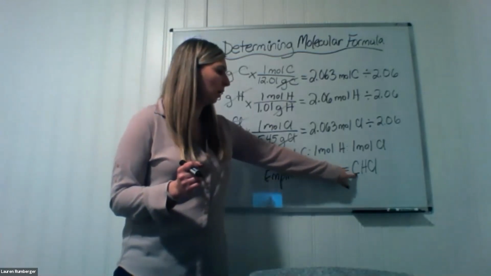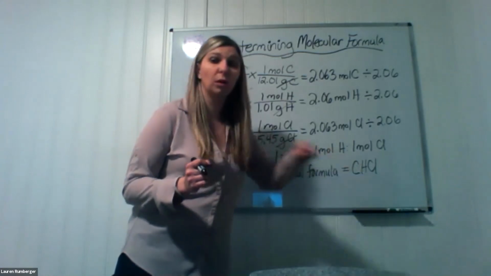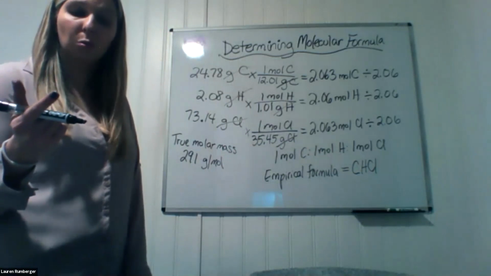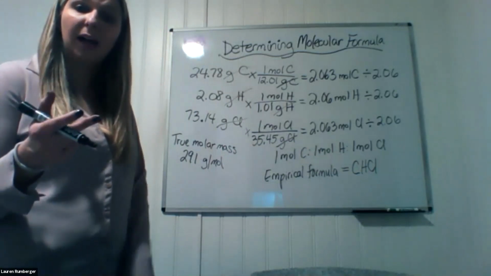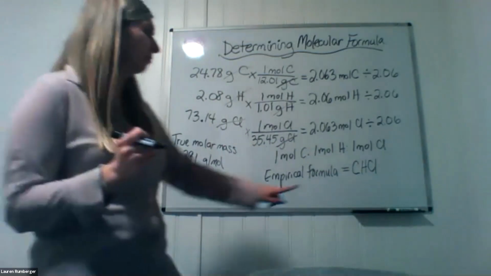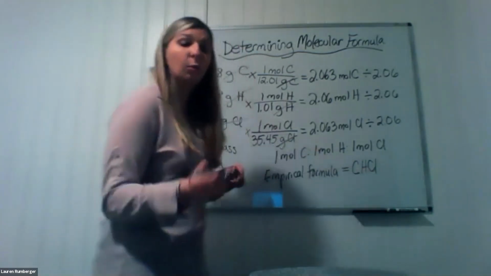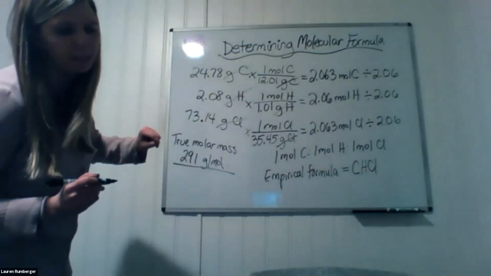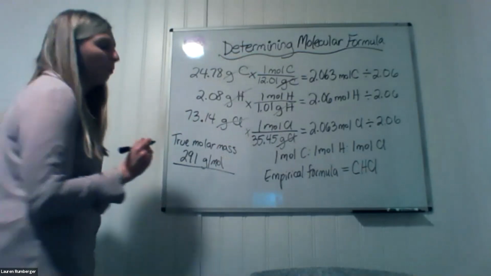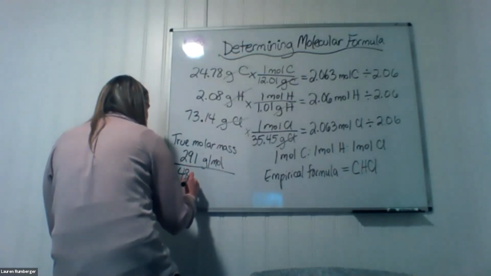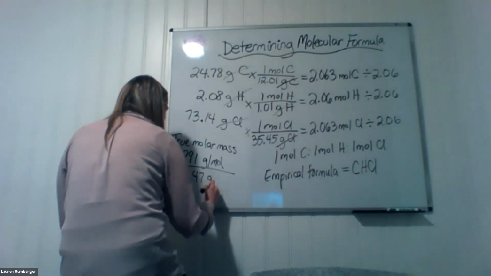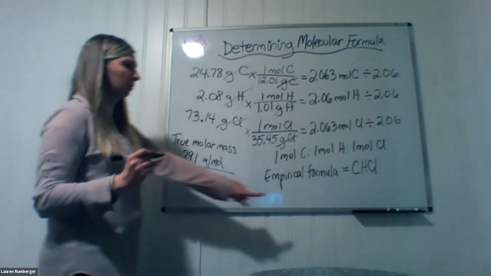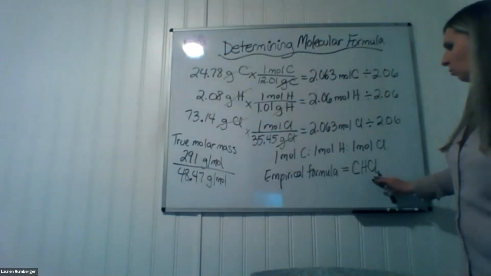If we add together 1 carbon, 1 hydrogen, and 1 chlorine, the masses 12.01, 1.01, and 35.45, each from the periodic table for carbon, hydrogen, and chlorine, we add those together to give us the molar mass of the empirical formula to be 48.47 grams per mole. Okay, so this is the molar mass of your empirical formula.